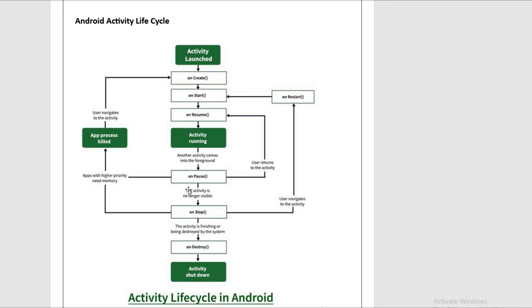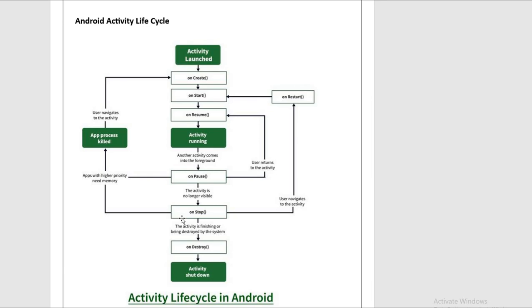At that time, onPause will execute. And once your activity is no longer visible, then onStop will execute. So in that process, onPause and onStop will execute one by one sequentially.